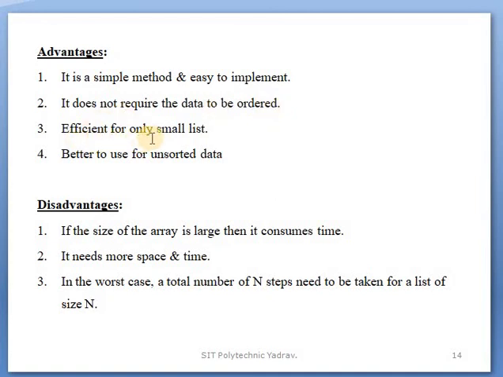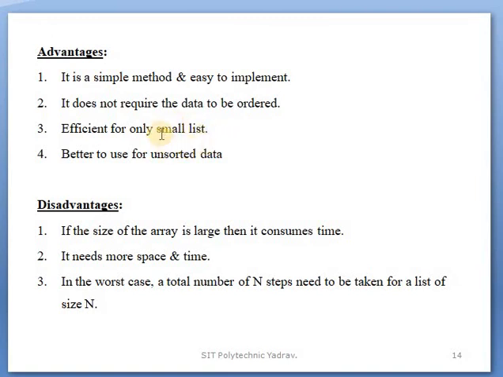Efficient for only a small list. It means this method is useful and efficient only for a small list, because in this technique the element we search for is compared until the array finishes. So when the array is longer, that creates a critical condition.